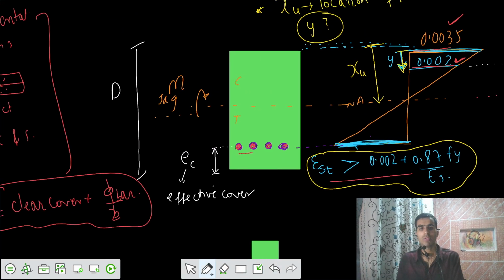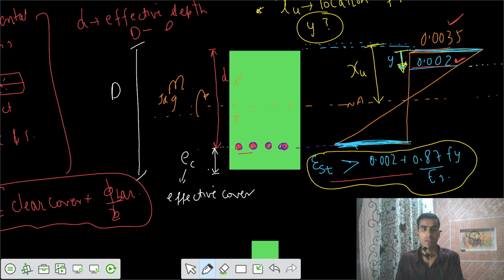Let's say the total depth was capital D, and then once you subtract the effective cover, the difference of that total depth minus effective cover is your effective depth. So this is our small d. Small d is your effective depth, that's capital D minus effective cover.